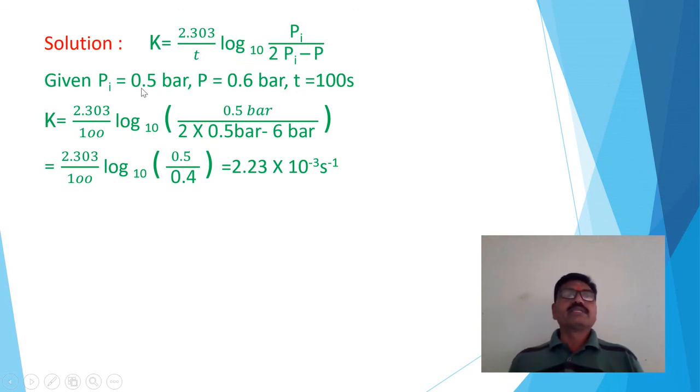So the initial pressure is given, the total pressure is given, T is given. So just substitute the values. K is equal to this, like this. Right? Pi, 2Pi minus P. Put the values. So by solving, we will get what? Finally, K is 2.23 into 10 to the power minus 3 per second.